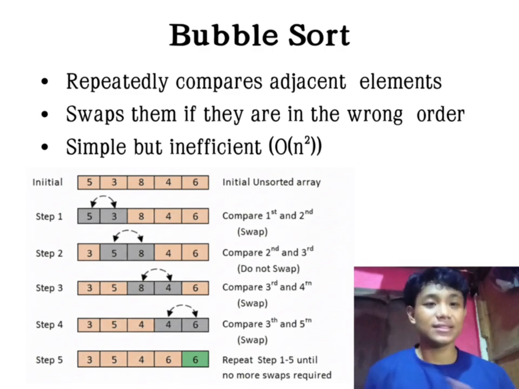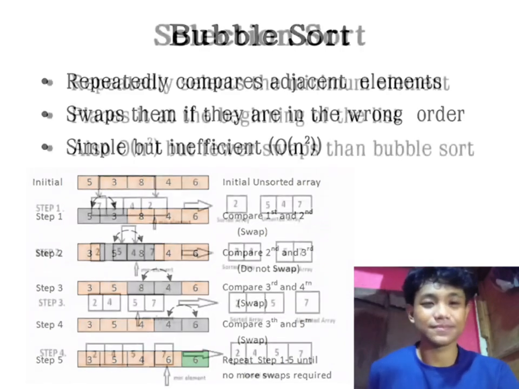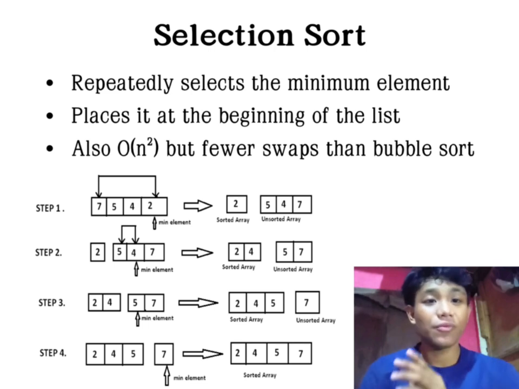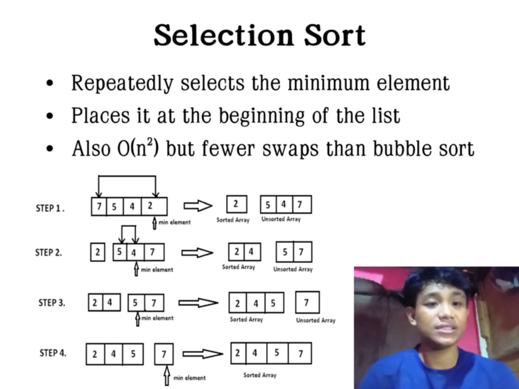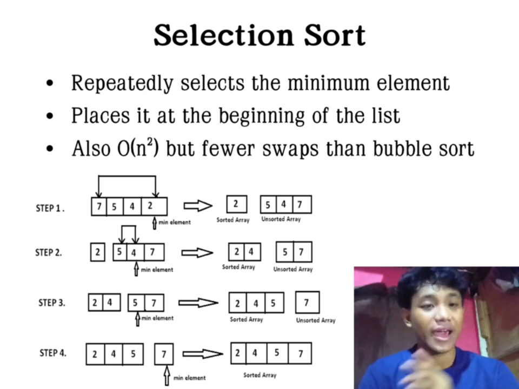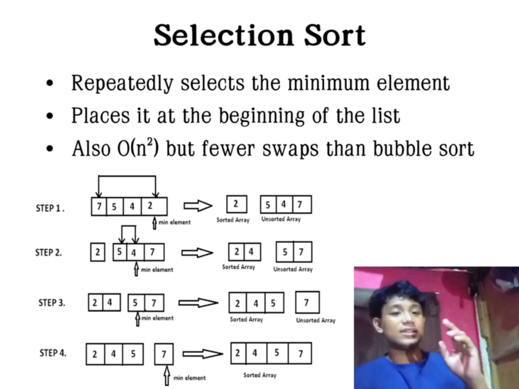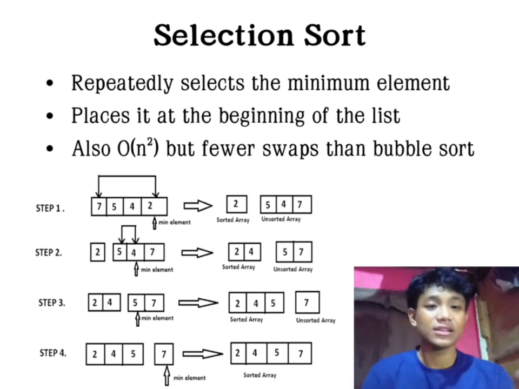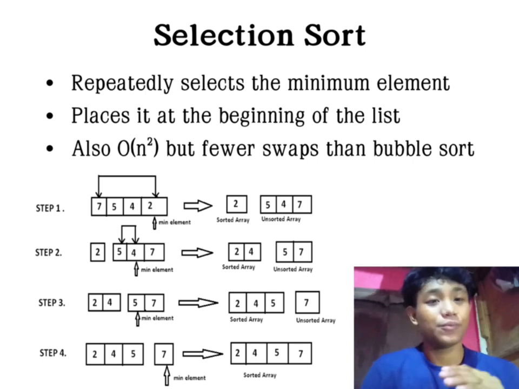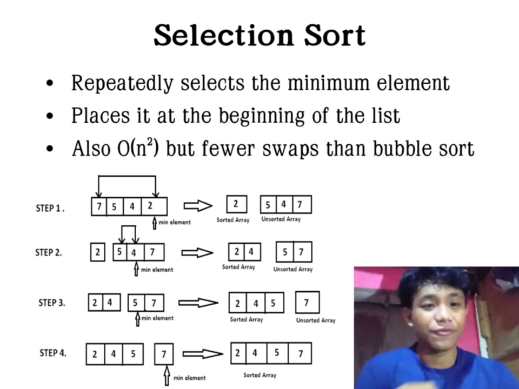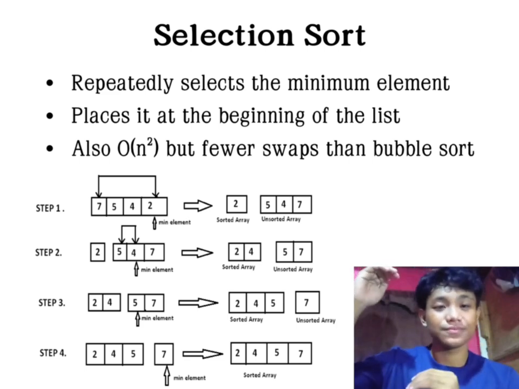Next is selection sort. Here, the computer looks for the smallest number in the whole list. For example, in a list of 1 to 10, it looks for the smallest number, like 1, and then puts it in the first position.